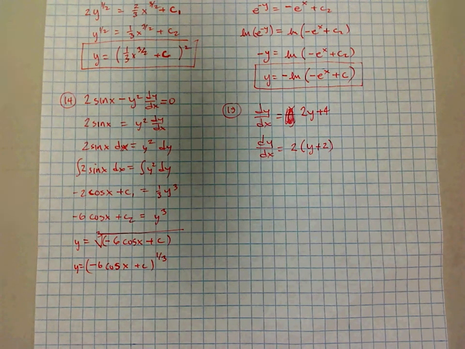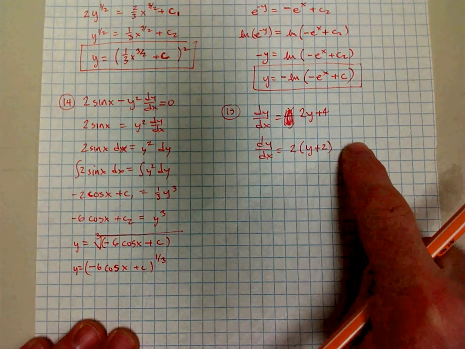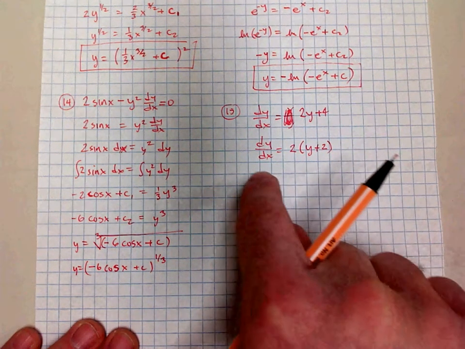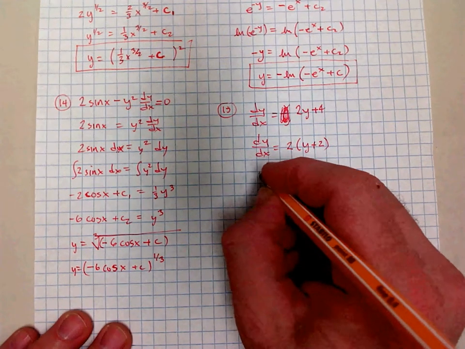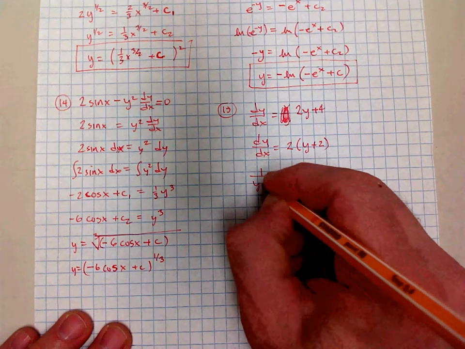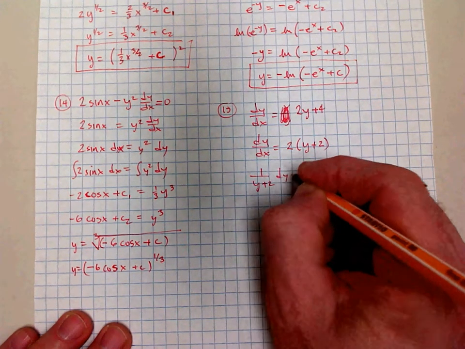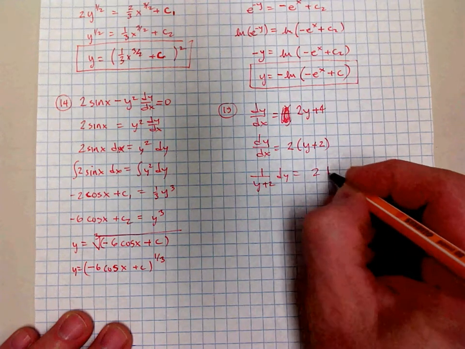I can multiply both sides by dx, divide both sides by y plus 2, and this will give a 1 over y plus 2 dy equals 2 dx. Let's go ahead and integrate these.